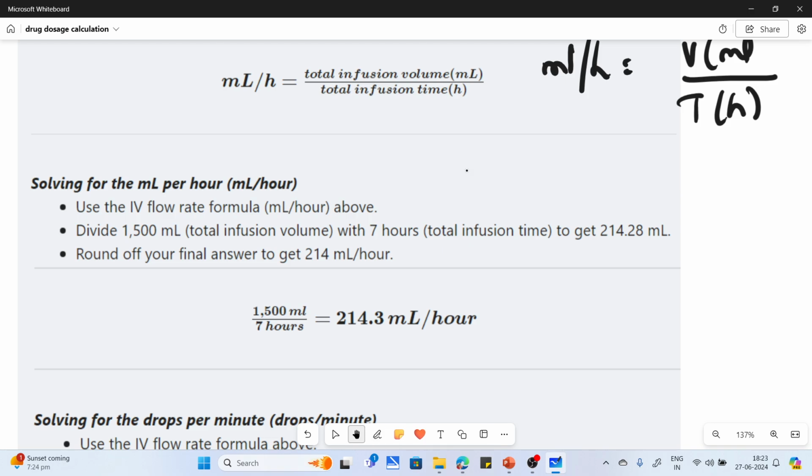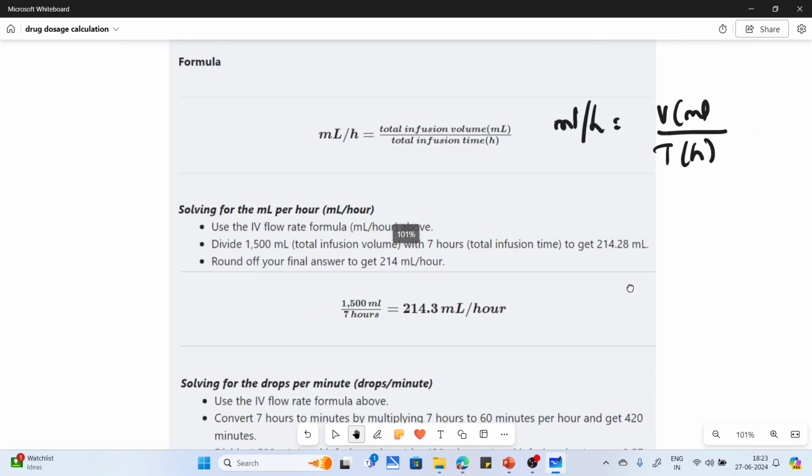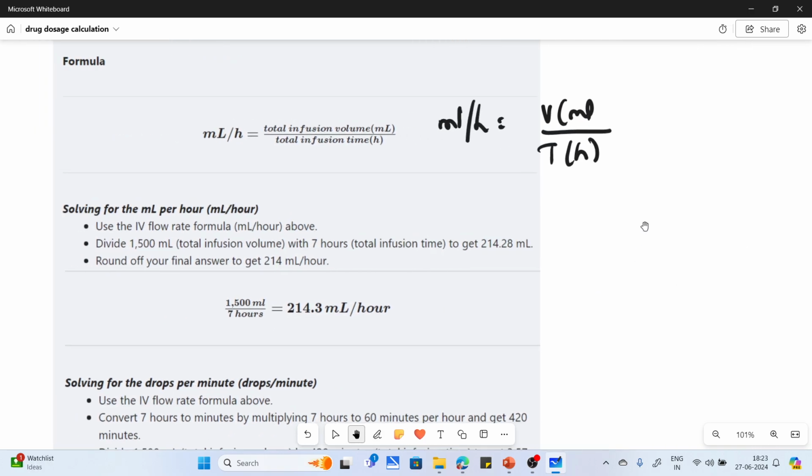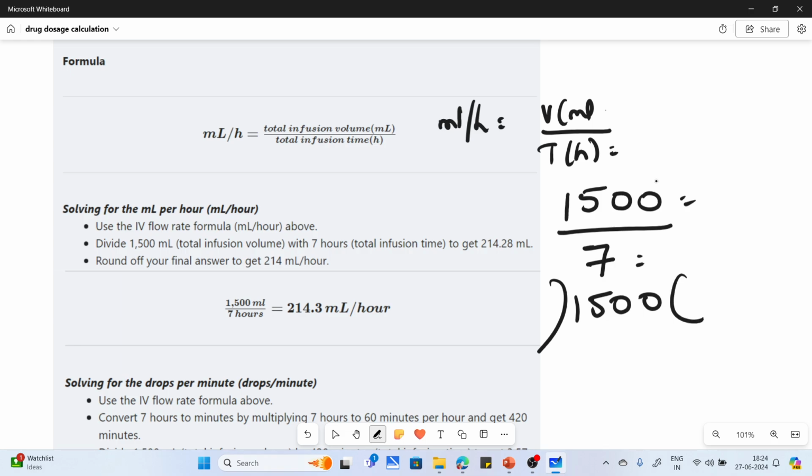Within how much time should it be given? 1500 ml should be given within 7 hours, right? Already we have V in ml and T as 7 hours. So what we are going to do is 1500 divided by 7. 7 2s are 14, and how much are we going to get?